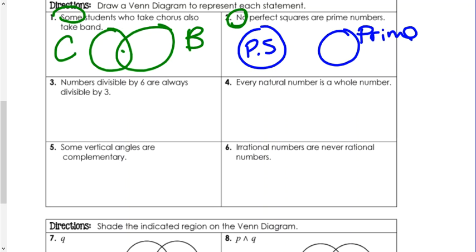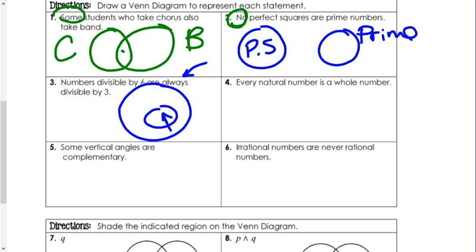The last one, numbers divisible by 6 are always divisible by 3. So here's my keyword, always. So that indicates to me that these should be a bubble resting inside another bubble, and I just need to figure out which one's the inside and which one's the outside. So numbers divisible by 6 are always divisible by 3.